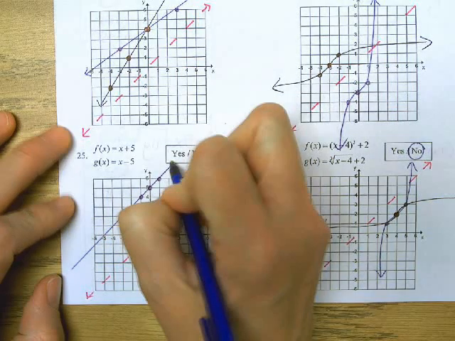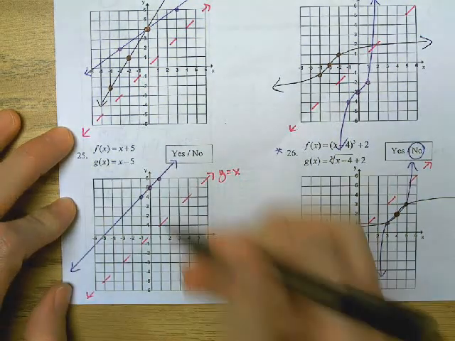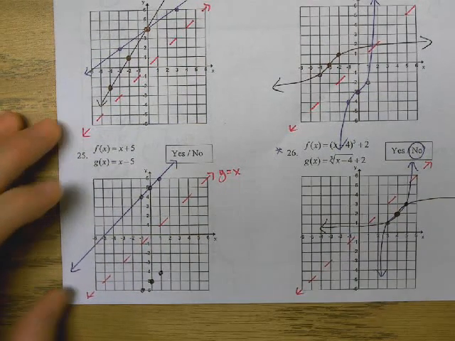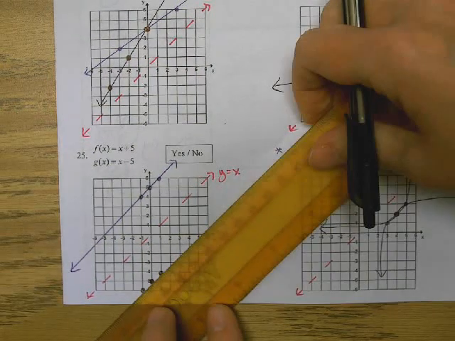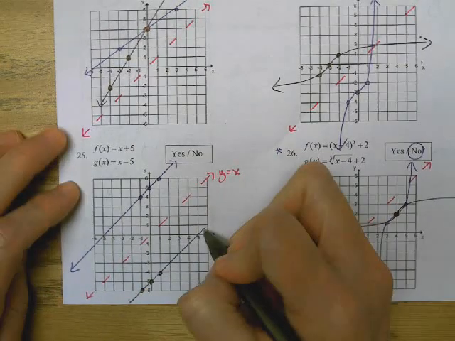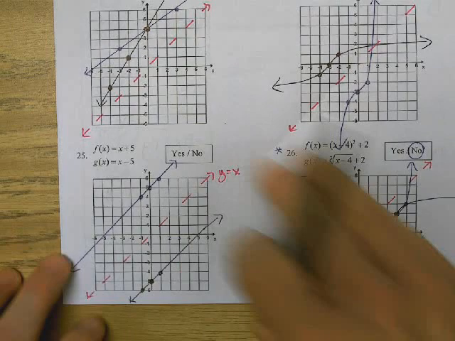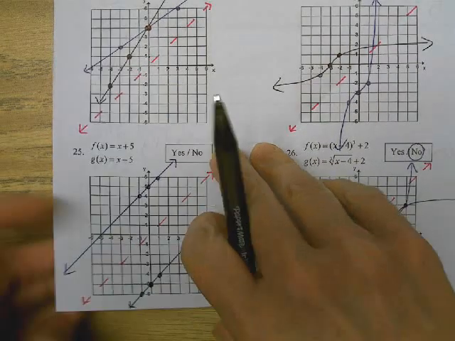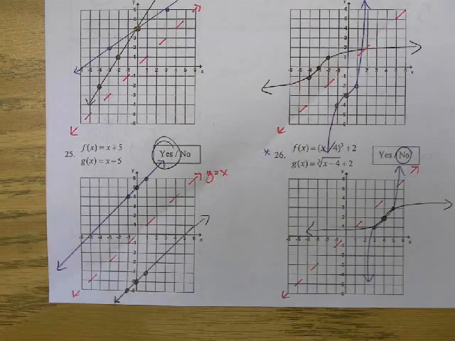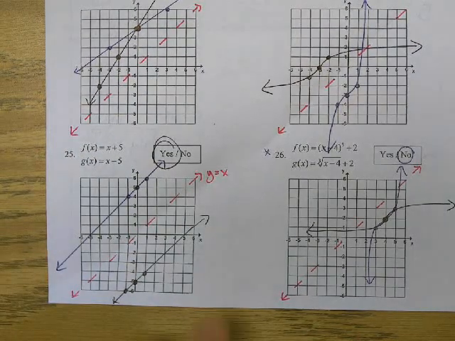So there is my first graph. My second graph, I have a y-intercept of negative 5 and a slope of 1. Here's my second graph. If I folded along the line y equals x, would these two match up? Yes. So they are in fact inverses.